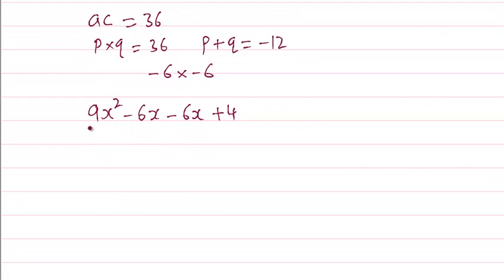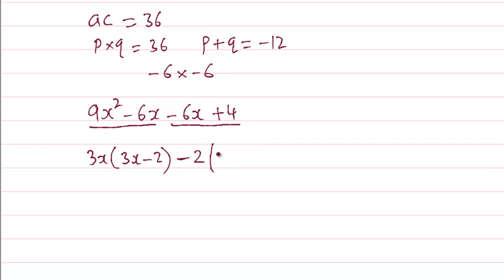Now we factorize the first two terms. So the common factor here is 3x. So we're left with the 3x from there, and then minus 2. And then the common factor here is minus 2. So we're left here with 3x. Then minus 2 times minus 2 makes 4, so this has to be minus 2. Now 3x minus 2 is a common factor.